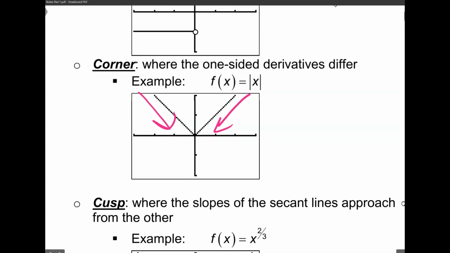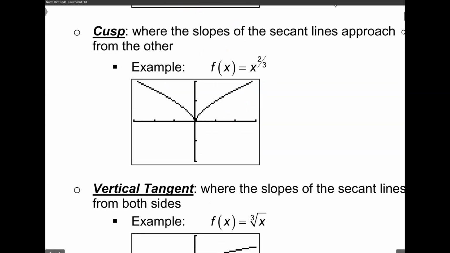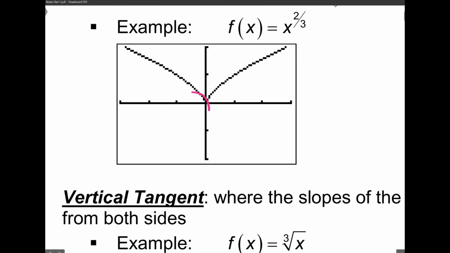So I'm not approaching the same slope from both sides. As I get closer from the left side, my slope will be -1 here. As I approach from the right side, I have a slope of 1. These are not the same. I have to be approaching the same slope from both sides. Now, my slope can be changing as I'm going throughout the function, but when I'm approaching one point from both sides, I have to be approaching the same slope. Here, remember how if I get closer and closer, literally these slopes go to infinity?